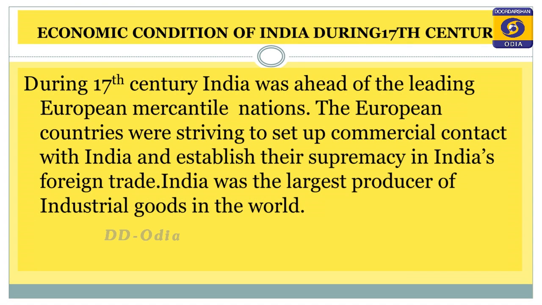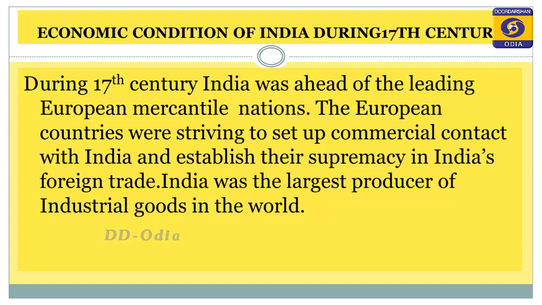The Britishers came into India as traders. The East India Company was a trading company which came to India in 1600 and established trade with Indian people. During the 17th century India was ahead of the leading European mercantile nations. The European countries were striving to set up commercial contact with India and establish their supremacy in India's foreign trade.